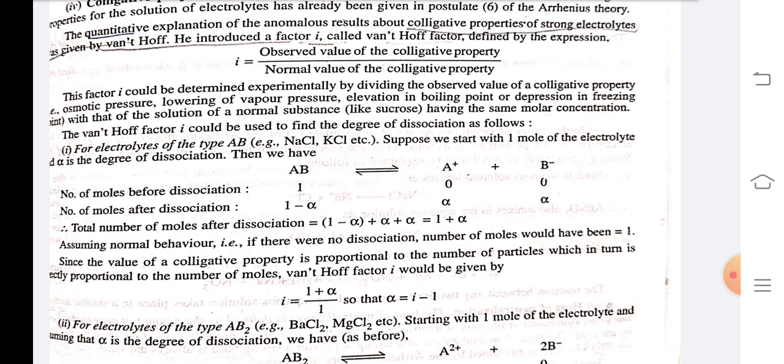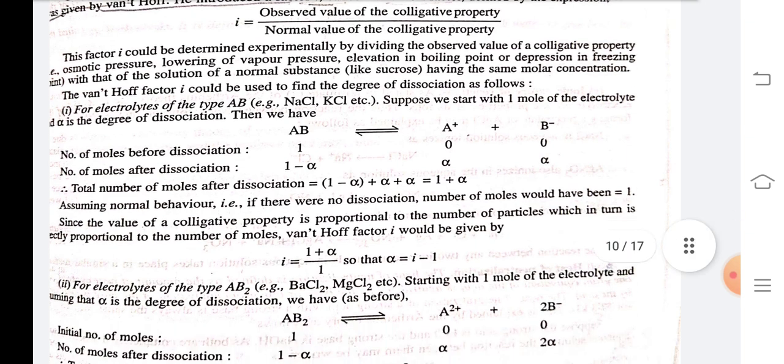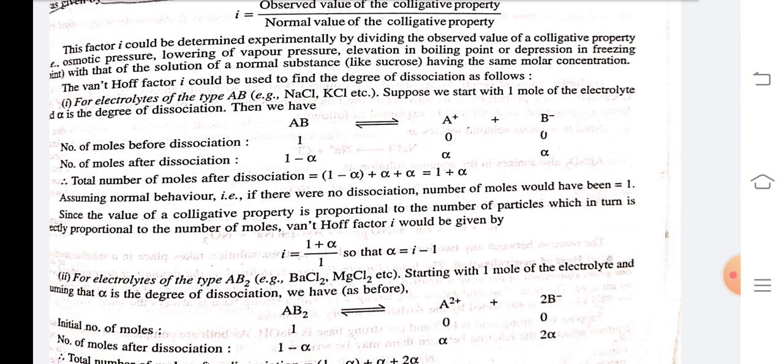1. For electrolytes of the type AB, for example NaCl, KCl, etc. Suppose we start with 1 mole of the electrolyte and alpha is the degree of dissociation. Then we have AB in equilibrium with A+ plus B-. Number of moles before dissociation: 1, 0, 0. Number of moles after dissociation: 1 minus alpha, alpha, alpha. Total number of moles after dissociation is 1 plus alpha.